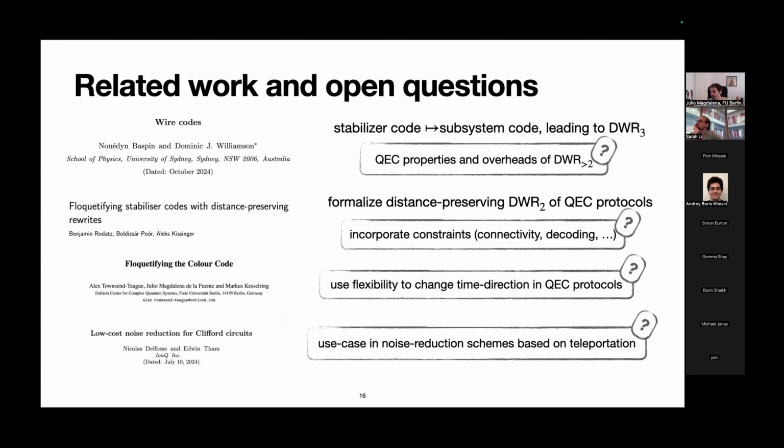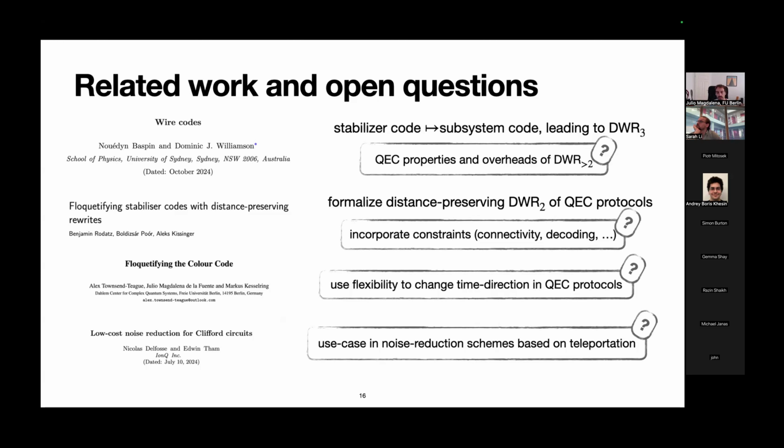What is largely lacking in the current literature is the flexibility that we, for example, explored in the Locaifying the color code paper together with Alex and Marcus some years ago, where certain error correcting protocols, when written as a tensor network, have a sort of topological symmetry, and that means that you can actually choose your time direction arbitrarily.